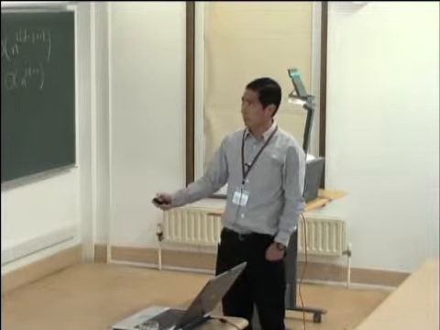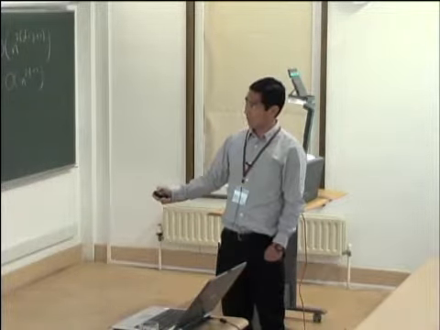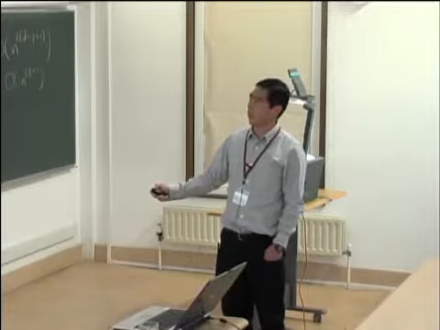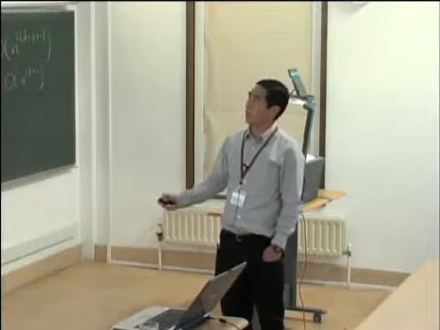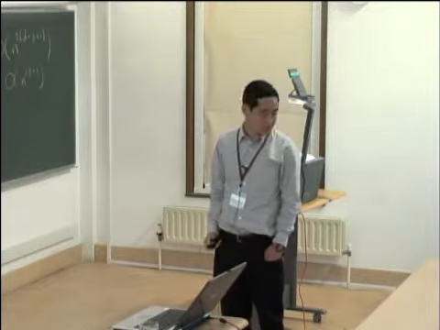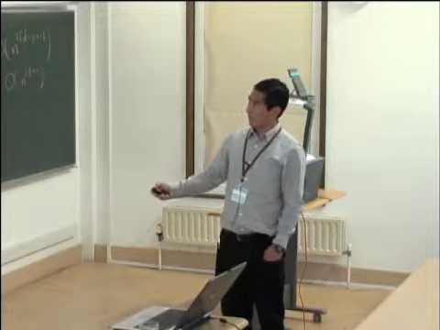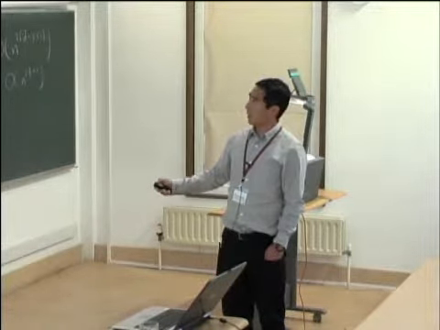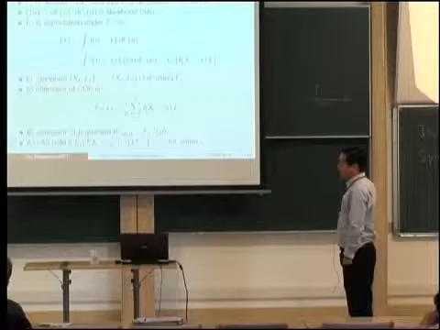Here's F of x, the true CDF evaluated at x. We can express it as an indicator function integrated with respect to the true CDF. We introduce the likelihood ratio and do a change of measure. And so now the true CDF evaluated at x is equal to the expectation under the new measure of the indicator function that a sample is less than or equal to x, times the likelihood ratio.